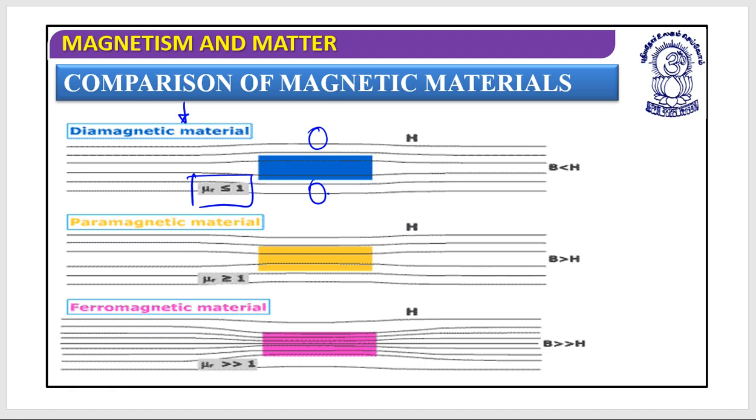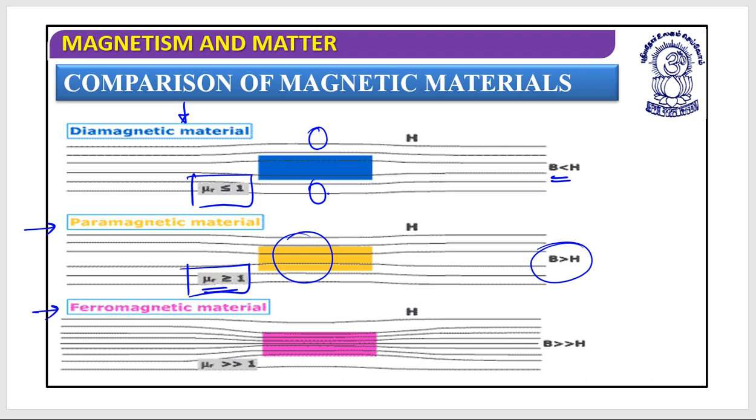Relative permeability for the diamagnetic material is less than 1, and its B is less than H. Now when I look at the paramagnetic material, more lines have a tendency to pass through the specimen, and its relative permeability is greater than 1, and that's why B is greater than H.